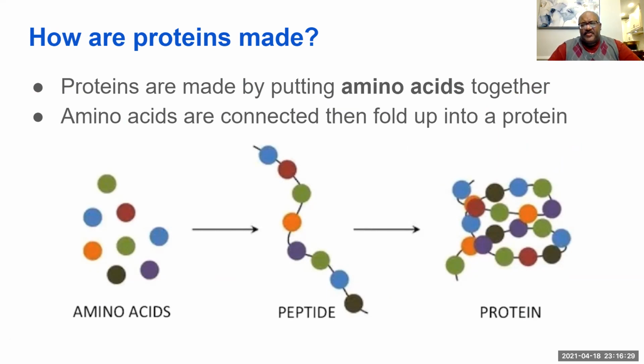They're located on what they call the rough endoplasmic reticulum, which is just outside the nucleus of the cell, attached to it. The ribosomes look like little nodules, or like dots, on there.